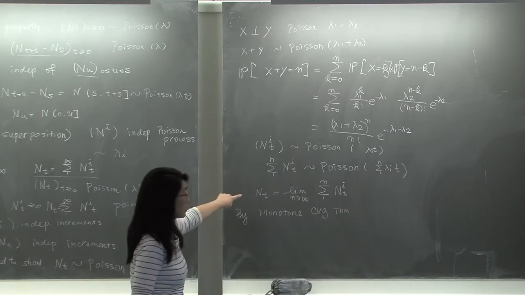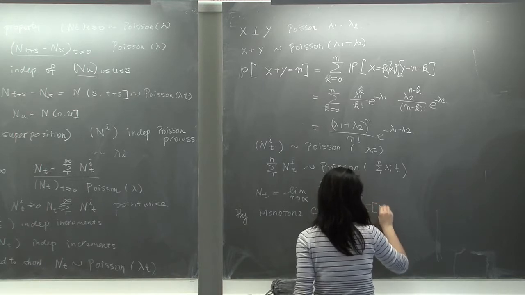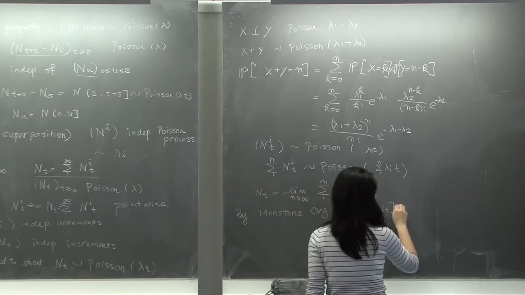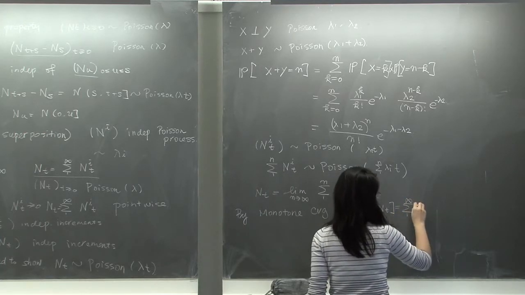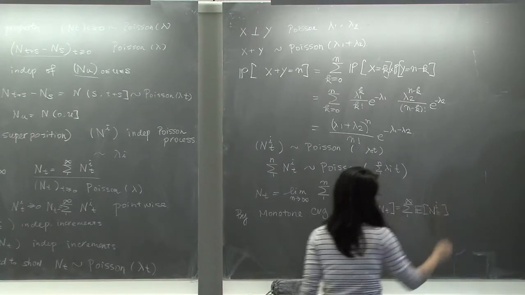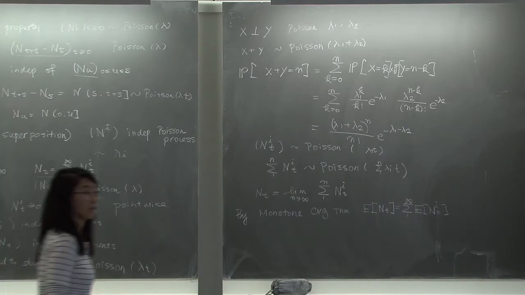we can take the expectation of N_T. We know that the expectation of N_T equals the summation of the expectations of N_T^i.